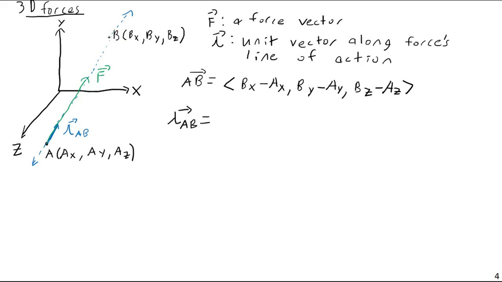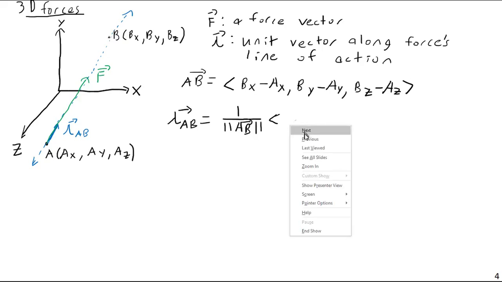Magnitude 1, the direction of the force. It's basically divided by the magnitude, isn't it? That's really all it is, right? It's 1 over the magnitude of AB times vector AB.